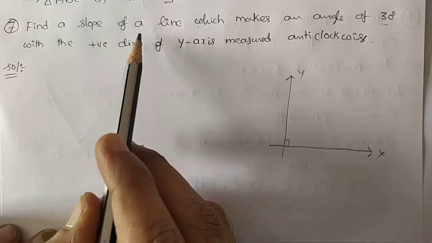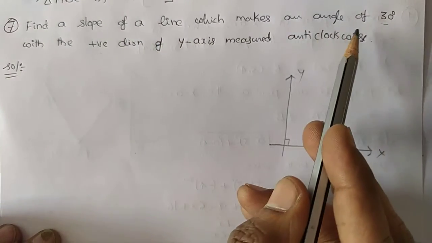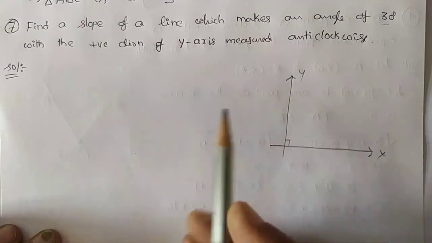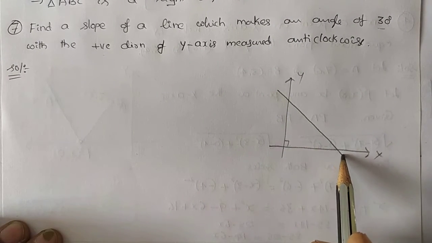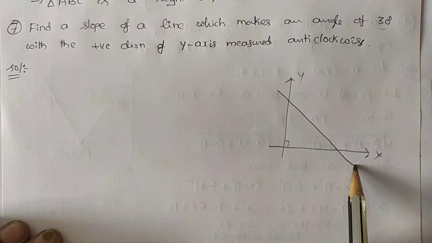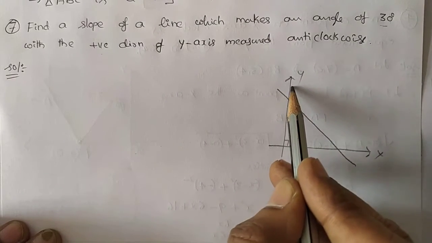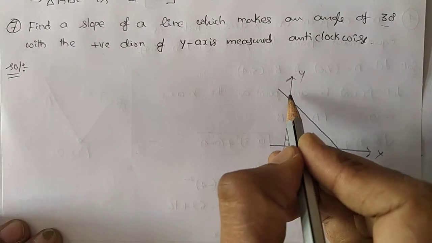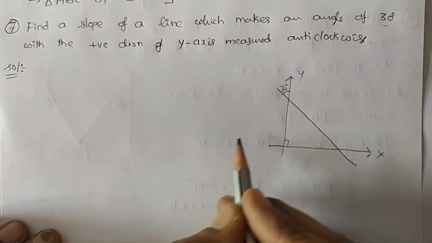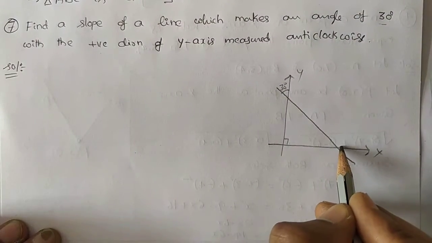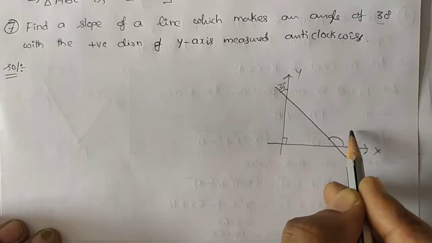See the question: find the slope of a line which makes an angle of 30 degrees with the positive direction of y-axis. I am taking a line making 30 degrees with the positive direction of y-axis in the anti-clockwise direction. This angle is given.